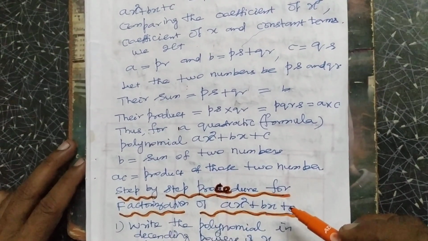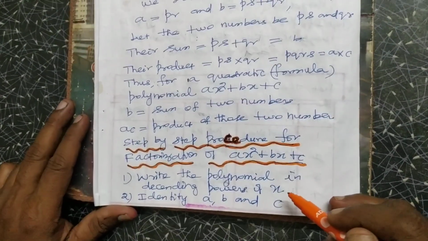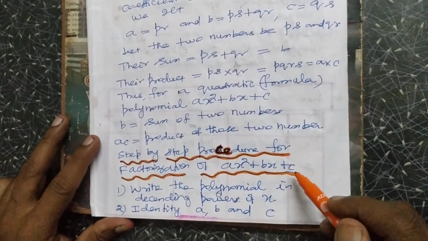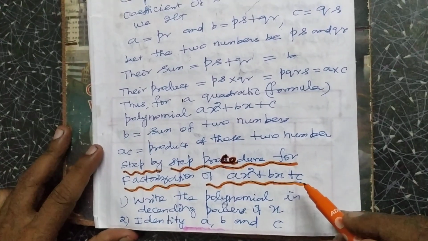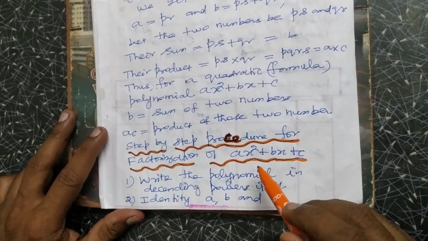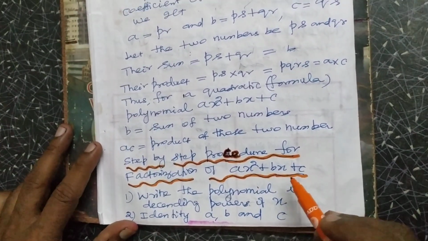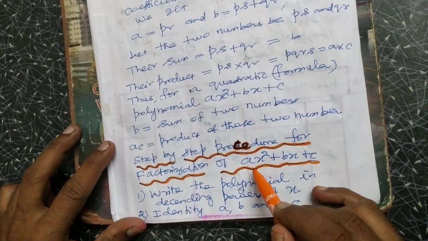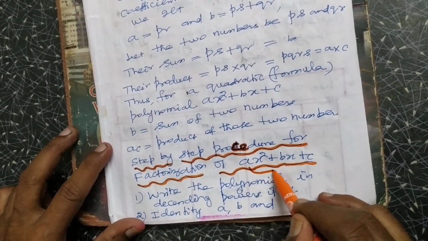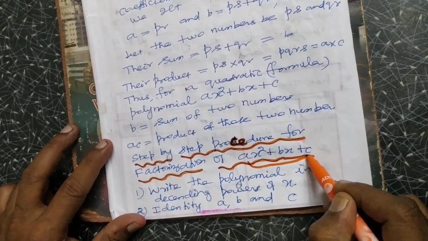First, write the polynomial in descending powers of x. Then identify what is a, what is b, what is c. Next step, multiply the first number a and c, the coefficient of x square, into the constant term.